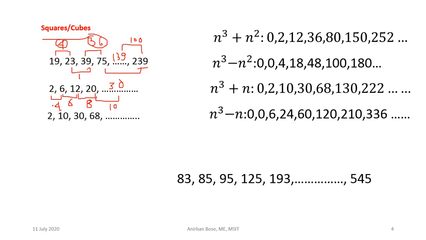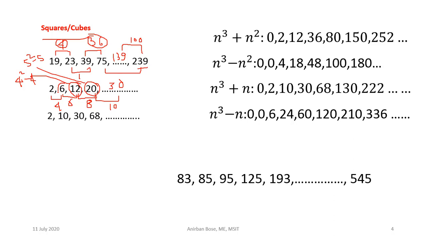So in that way also you can solve the problem. Okay, or you can also think in this way. You see, what is this 20? This 20 can be considered as 5 square minus 5. What is this 12? If you see, 12 is nothing but 4 square minus 4, right?